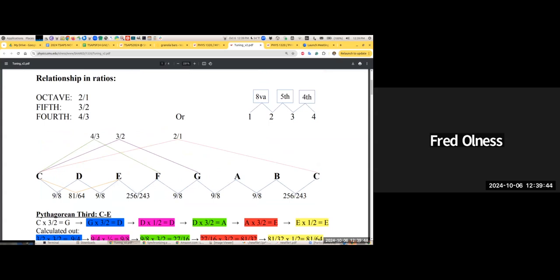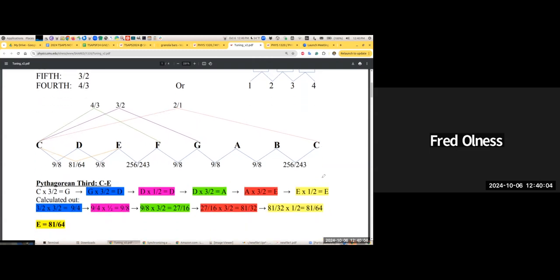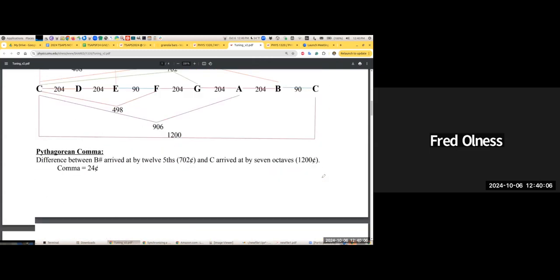You can see it here. You've got a very nice whole step, very nice whole step. The third is bad. This minor second is bad. And then if you did the cycle of fifths to go from C up 7 octaves to C, you would be off by the Pythagorean comma of 24 cents. So that's a Pythagorean scale.